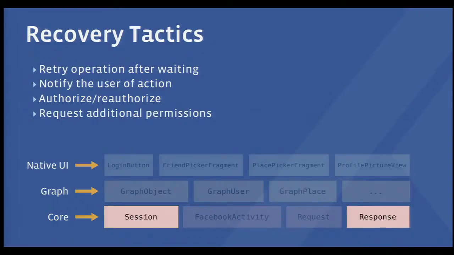The second is to notify the user of some action that they need to take. And this can occur because a user can, for example, disable their account temporarily, or Facebook will detect some sort of activity that causes Facebook to temporarily deactivate their account, right?